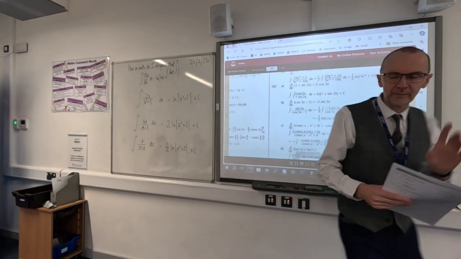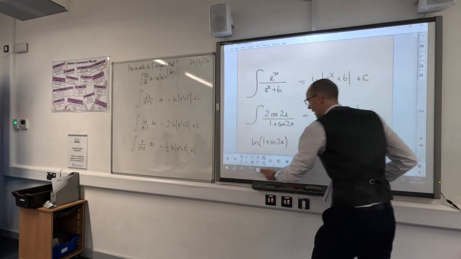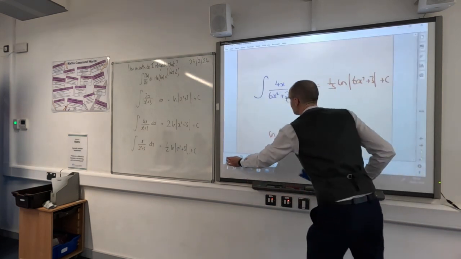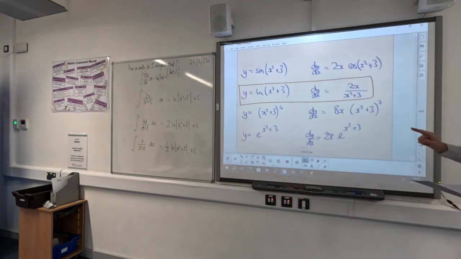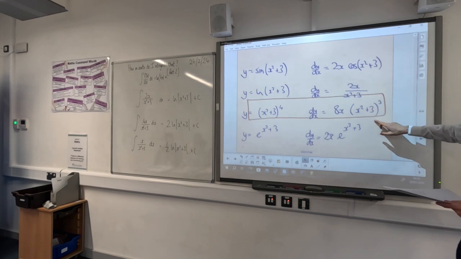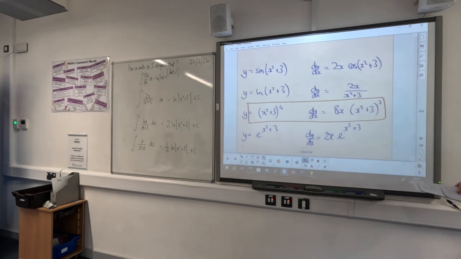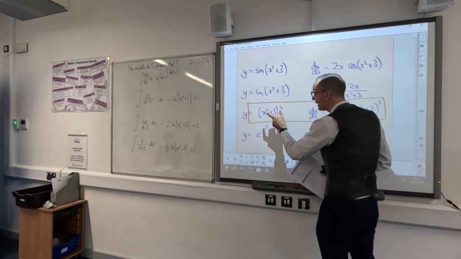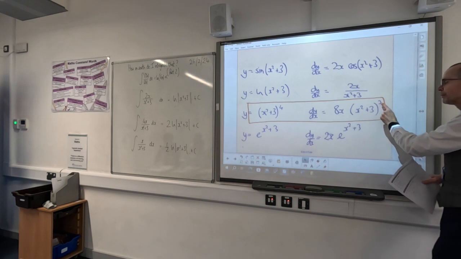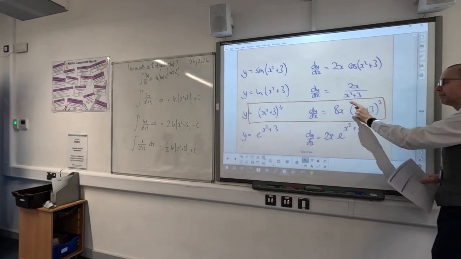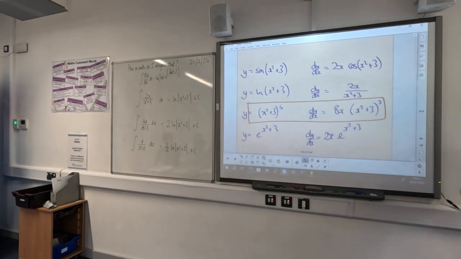So what about the other things? Remember at the beginning we talked about 4 things that we can differentiate. So what about if we turn our attention to these ones here? When you differentiate a bracket, you end up with the bracket with a power that's 1 less, multiplied by what you get when you differentiate the bracket on its own.